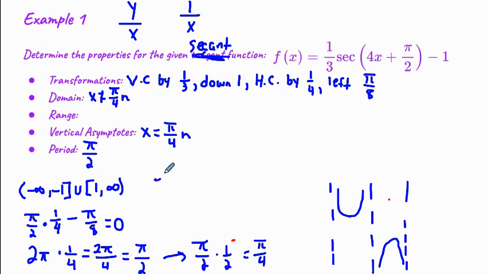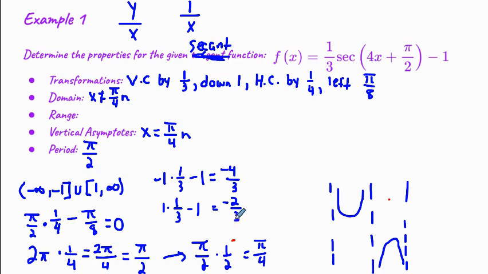We're going to take -1, multiply by our vertical compression and then subtract 1. So -1 times 1/3 is -1/3 minus 1 is -4/3. And then we have a +1 times 1/3 minus 1, that's 1/3 minus 1, which is -2/3.